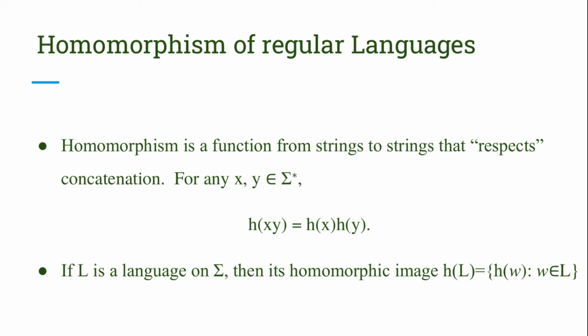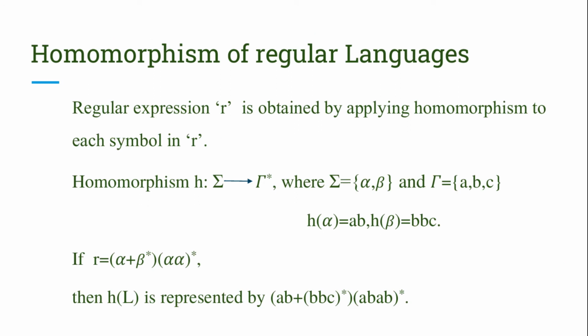In homomorphism, we are finding a homomorphic image of the string in language L. If L is a language on alphabet sigma, then its homomorphic image h of L is given by h of w, where w is an element of language L. Next, we could see homomorphism for a regular expression for a language L. A regular expression is an algebraic description of a language.